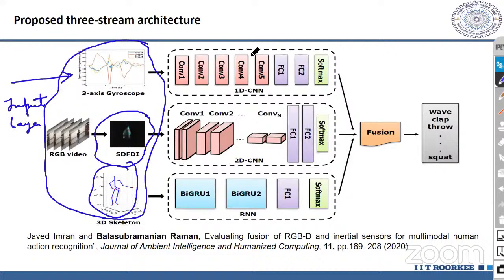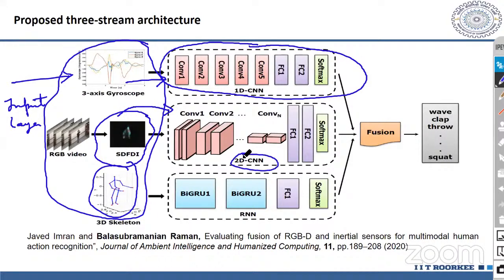In the hidden layer, we use a one-dimensional convolutional neural network to train the one-dimensional data. Similarly, the two-dimensional data will be trained by a two-dimensional convolutional neural network, and the 3D skeleton data will be trained by a recurrent neural network. Now all the dimensions are different, 1D, 2D, and 3D, so to make them common, we fuse these data together for a common dimension.